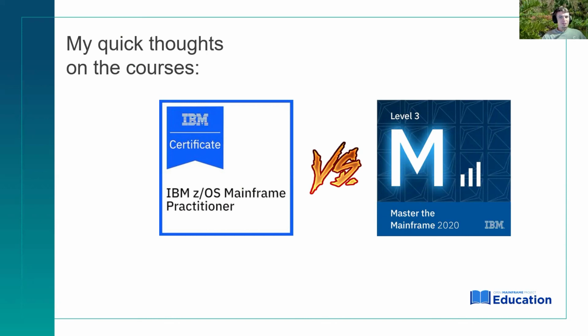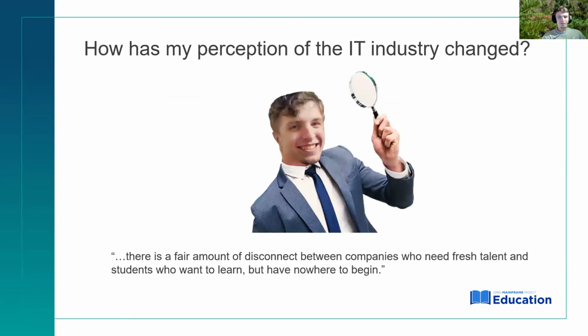MTM uses less media but has far superior guides for each assignment. IBM z/OS uses videos that oftentimes cover too much material in one sitting, possibly overwhelming students. MTM started to lose me a little bit through level 3 where it got code heavy, but I still believe it to be the superior learning experience between the two.